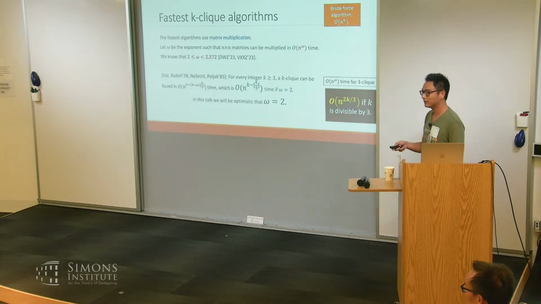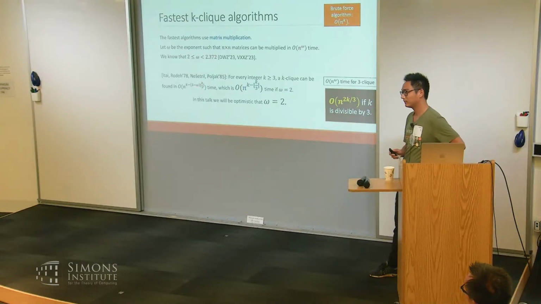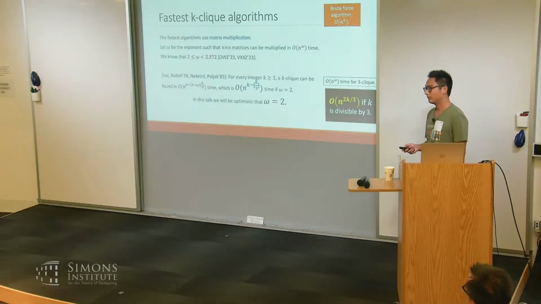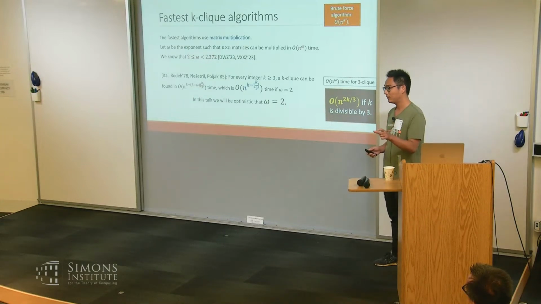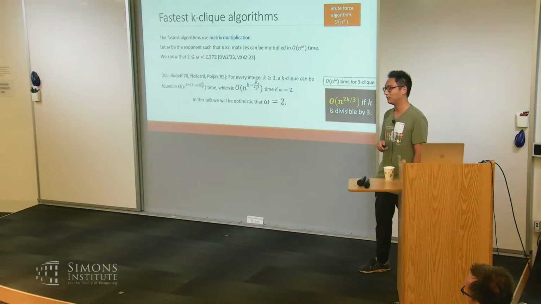So I think I got the algorithm that you just described. Suppose you are looking for a 6-click. So what you do, you partition the graph into how many parts? It's not a partition. It's like picking every pair of vertices and creating a new vertex in a new graph. So the new graph will have n squared vertices, and the original graph only has n vertices.